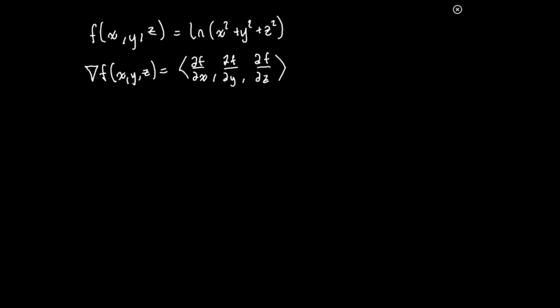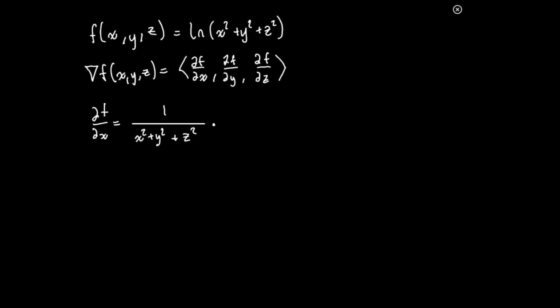All right, so let's start figuring these out. So you got partial derivative of f with respect to x is equal to, well, we take the derivative of the whole thing and then multiply it by the derivative of what's inside. So the derivative of ln of anything is 1 over that thing, right? So you go 1 over x squared plus y squared plus z squared.